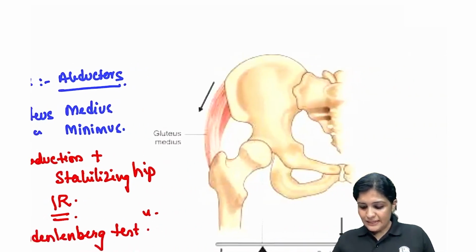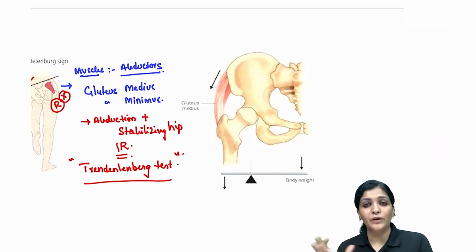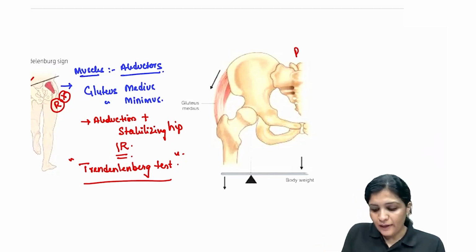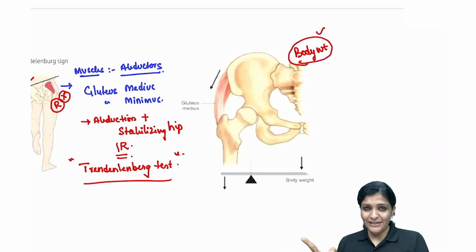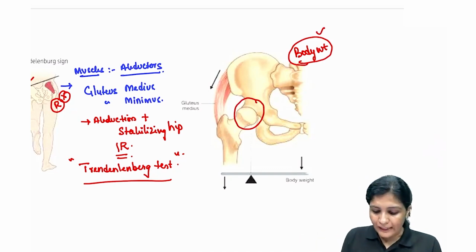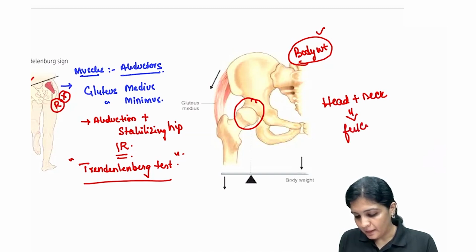So this is again an important image where you can understand the lever mechanism. That is, the body weight is acting in the center whenever you're putting weight on the two limbs, right? And then here your femur head plus your neck will act as the fulcrum, right?